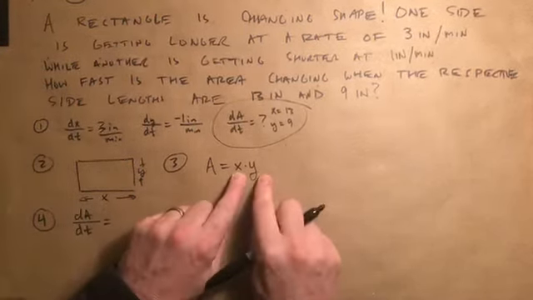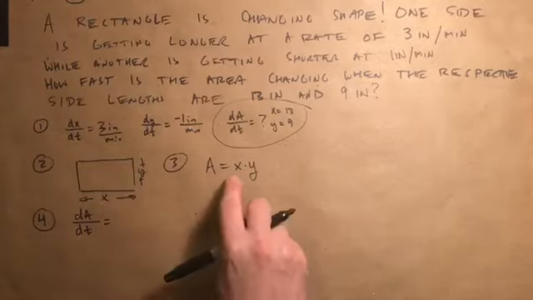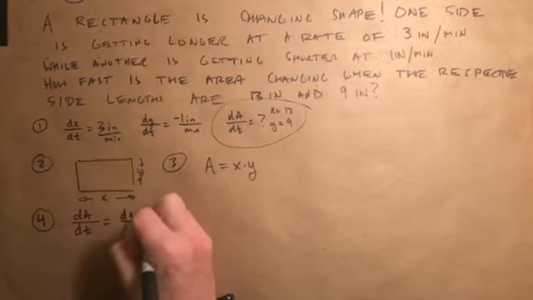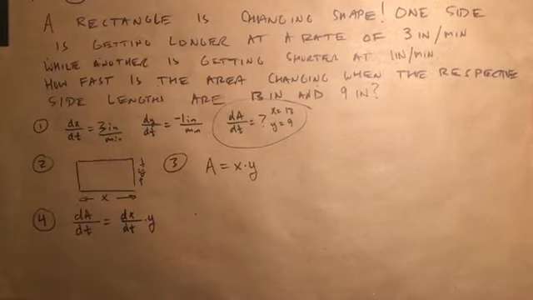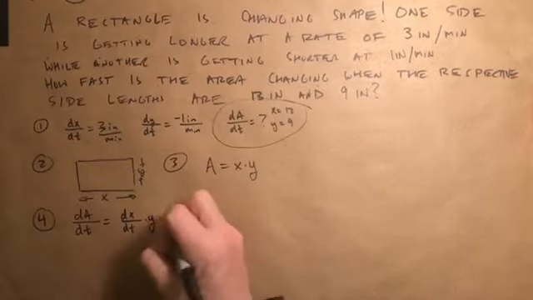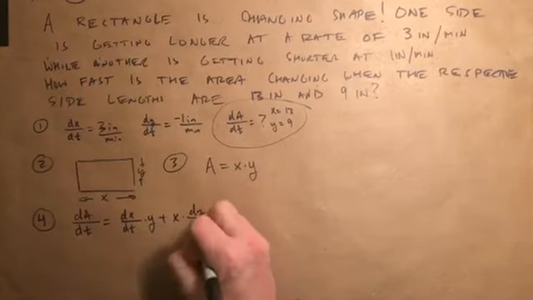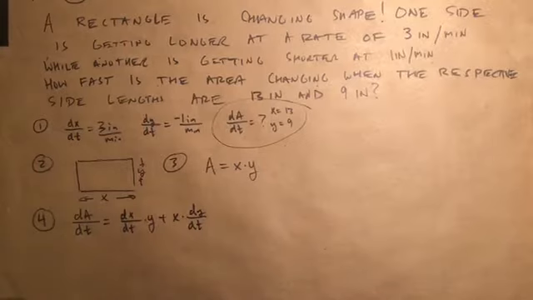On this side, I'm going to have to use the product rule. The derivative of x is going to be dx/dt times y, which we get for free, plus x times the derivative of y, which is dy/dt, and we're done taking our derivative.